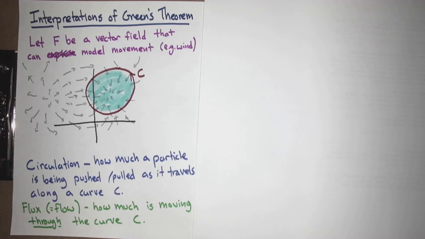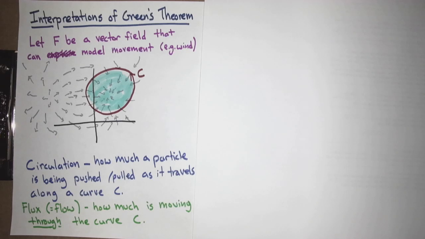So we have vector fields, and one way we can visualize a vector field is to think that there's a vector at any single point, which is capturing what's happening at that point. On a day like today, if you stepped outside, very windy. You could model the wind, which is the movement of air, where at any single point I say, how fast is the wind blowing and in what direction?